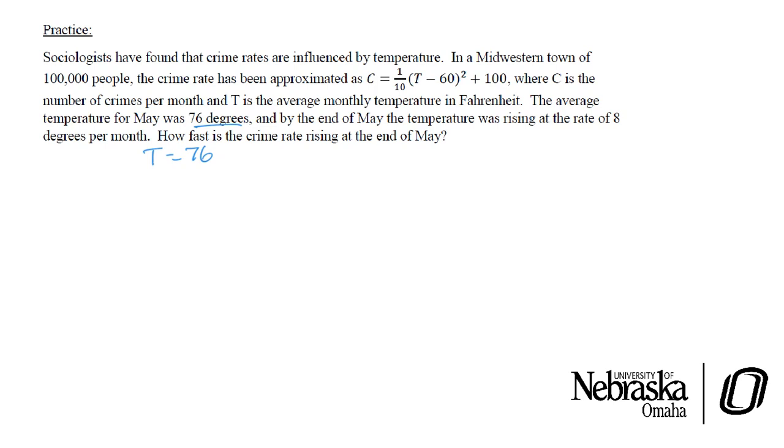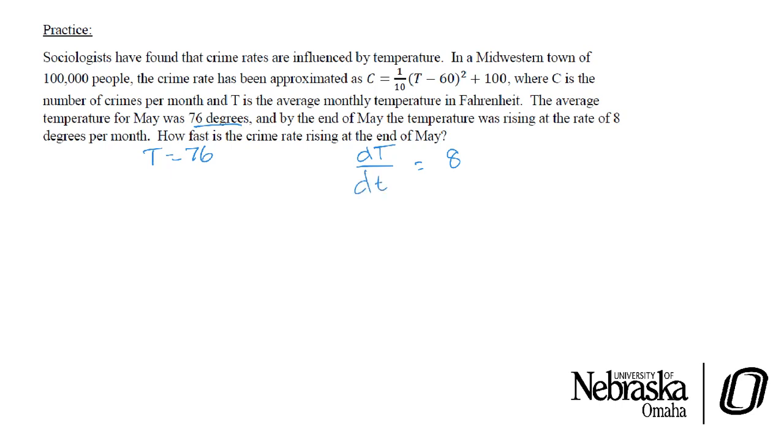By the end of May, the temperature was rising at a rate of 8 degrees per month. So that means our variable T is the average monthly temperature, and the average monthly temperature was rising at 8 degrees per month.